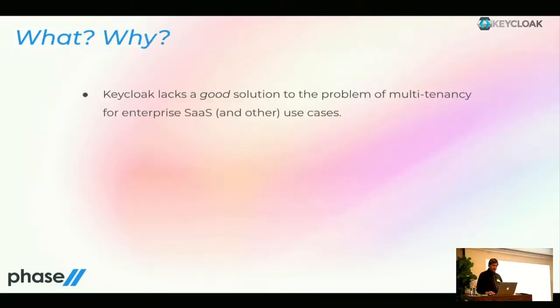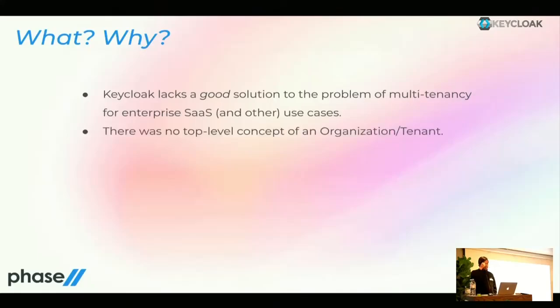Okay, so what and why? Keycloak currently lacks, in our opinion, a good solution to the problem of multi-tenancy for enterprise SaaS and many other use cases. One of the reasons we think it's not a good solution is there is no top-level concept of an organization or a tenant. As we'll see in subsequent slides, there are definitely a lot of ways you can implement multi-tenancy in Keycloak.